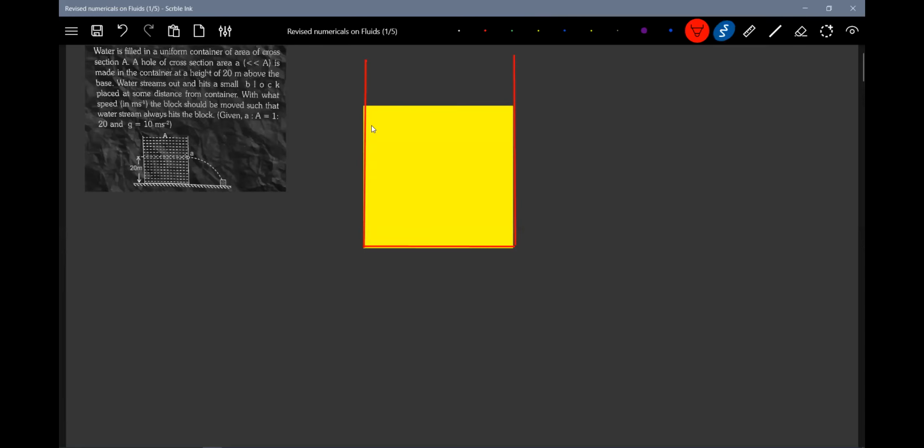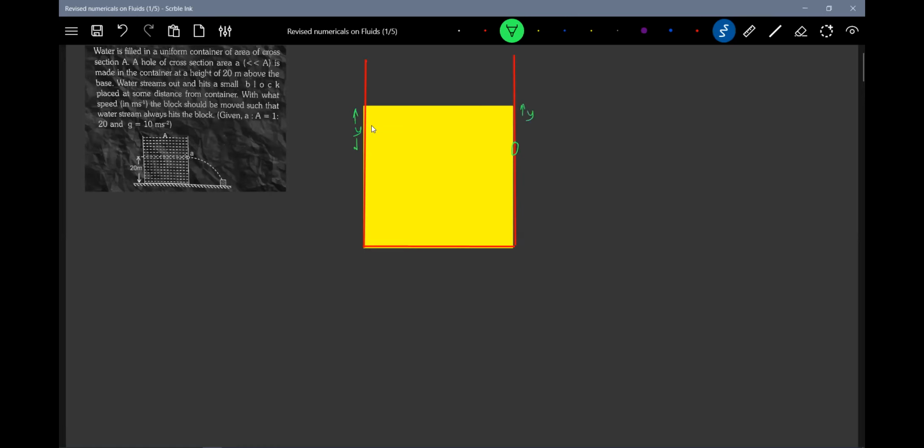We'll just assume that a hole is made at this particular point. Okay, so this one. Let this be the level.